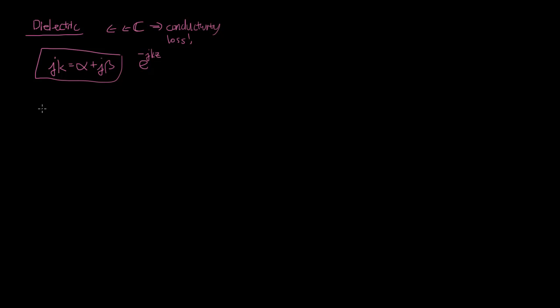Let's plug that into our phasor plane wave electric field in the x direction propagating in the positive z direction. In phasor form, it would look like this, just like what I was talking about before. If you substitute alpha and beta in, that's going to be equal to Ex naught e to the minus alpha z e to the minus j beta z.